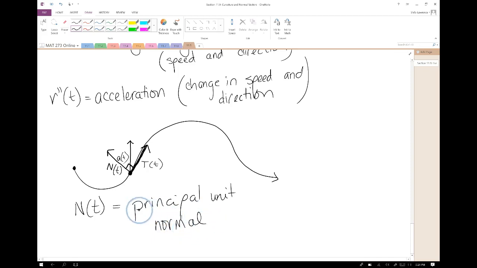The reason it's called the principal unit normal vector is because there's actually two vectors we could draw that are normal to this curve at that particular point. We can also point a curve down and to the right, and it would form a straight line with n of t. But the principal unit normal vector always points into the curve. It points in the direction of motion.